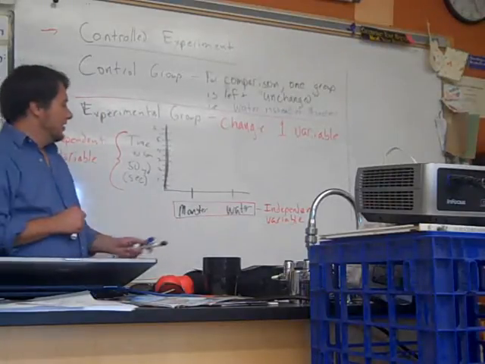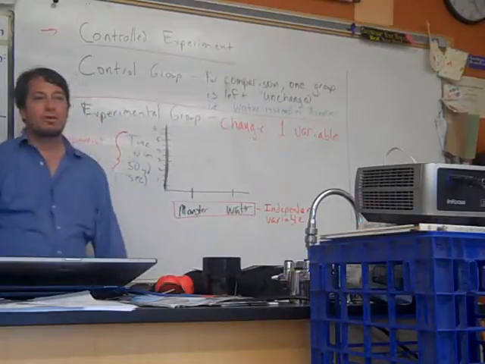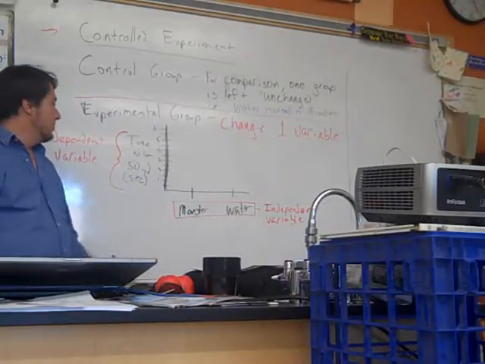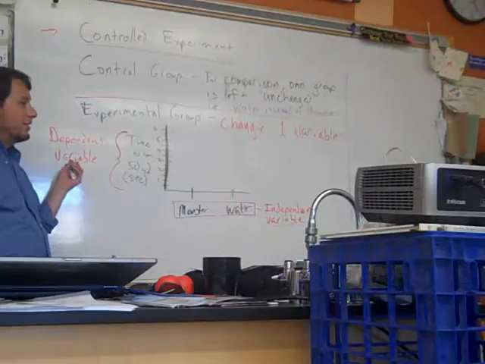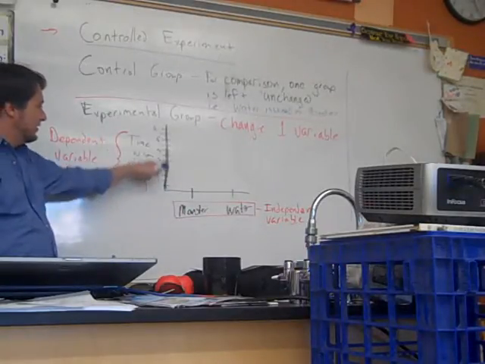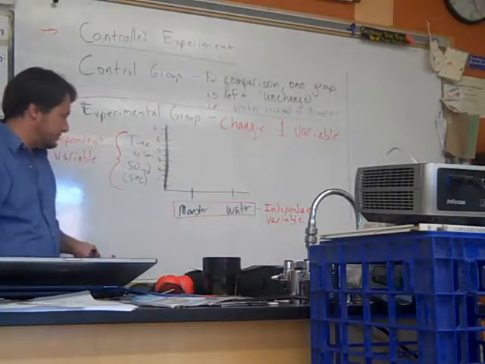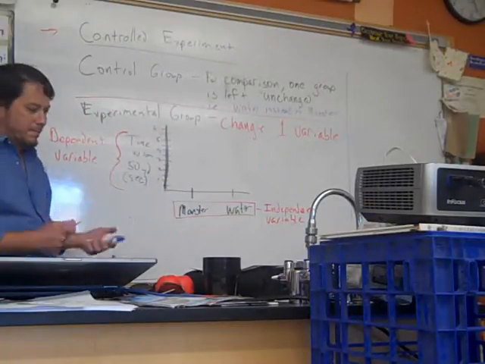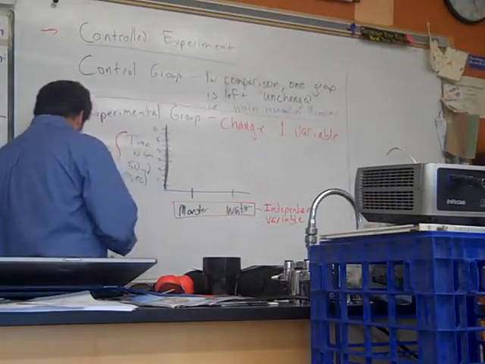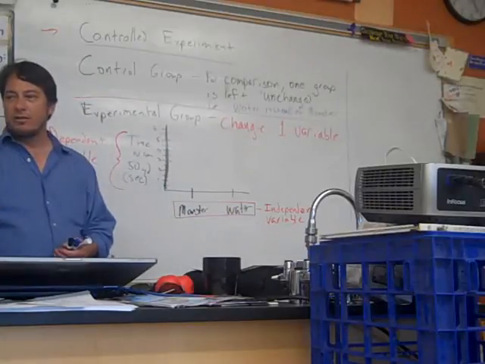So this is independent because I either give you one or I give you the other one. But the dependent variable depends on which of these. So the value you get for this is going to depend on which of these you get. And now I'm going to make up some data, while you make sure you get all that down.